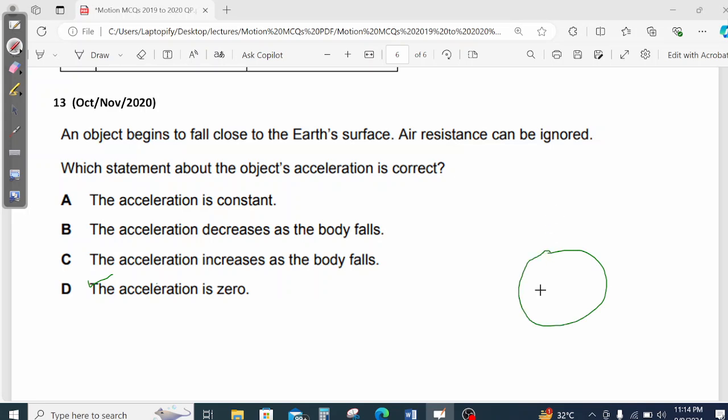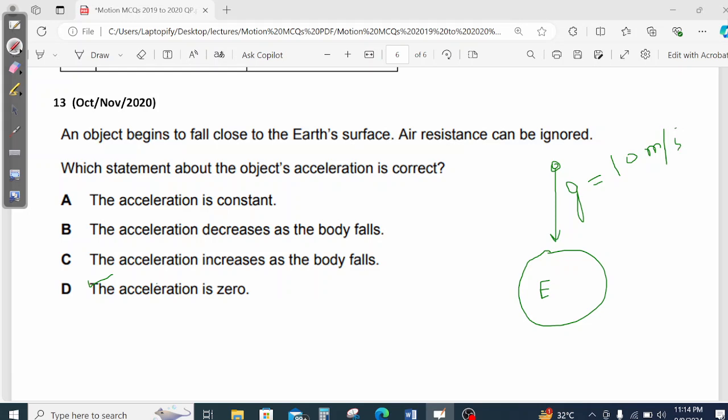Okay, suppose this is your Earth, and this is your object that is falling freely. When the object is moving towards the earth, it means the earth is attracting the body with constant acceleration, whose value is 10 meters per second squared.